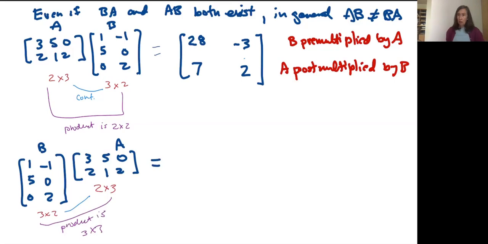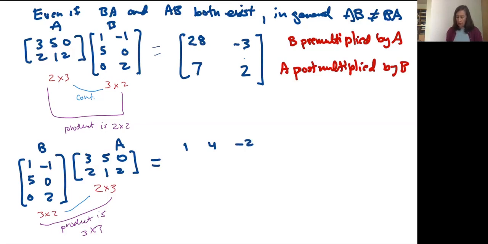Okay. And so same process. I'm going to go through to get the 1, 1 element of the product. We take the first row of the lead, first column of the lag there. And so that's 1 times 3, 1 times 2, 1 times 1, that's 1. 1 times 5 is 5, minus 1 is 4. 1 times 0 is 0, -2.